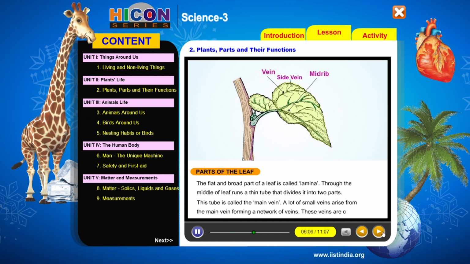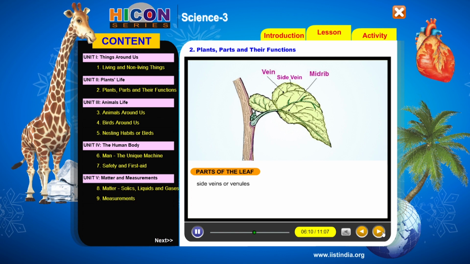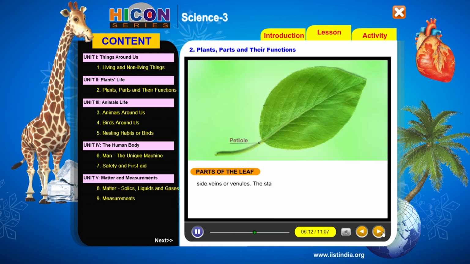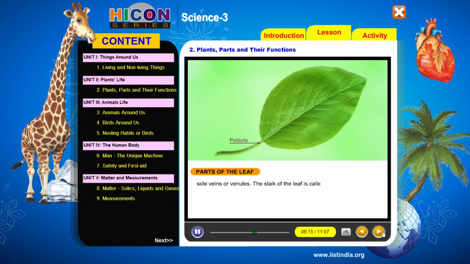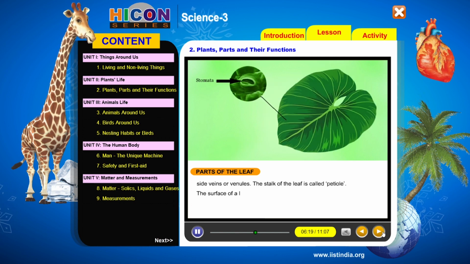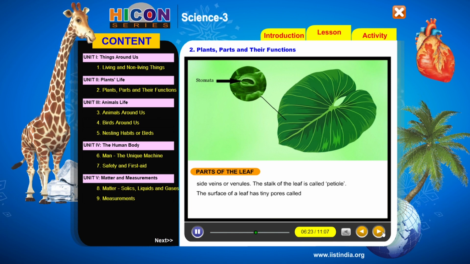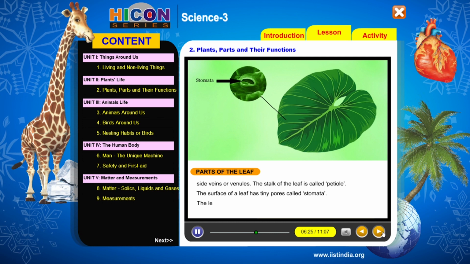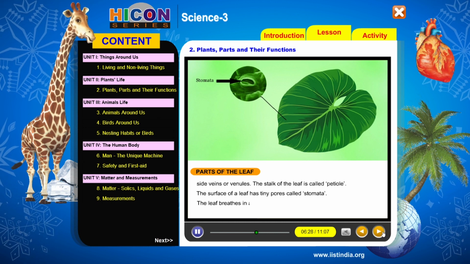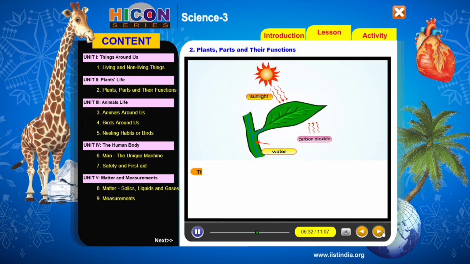These veins are called side veins or venules. The stalk of the leaf is called petiole. The surface of a leaf has tiny pores called stomata. The leaf breathes in and out through the stomata.